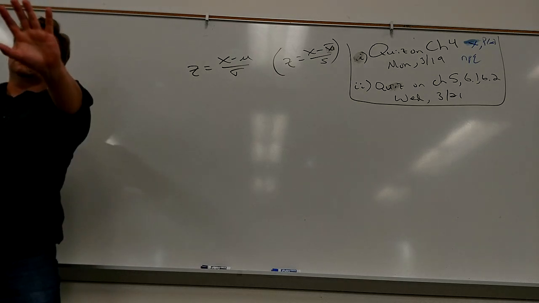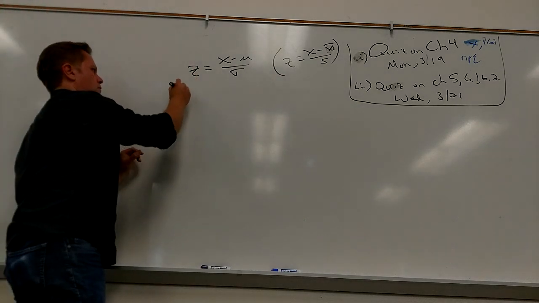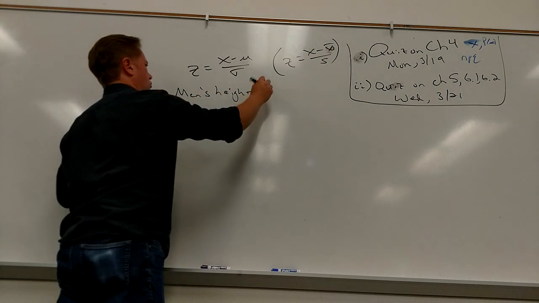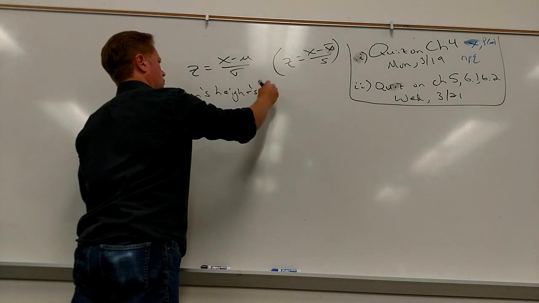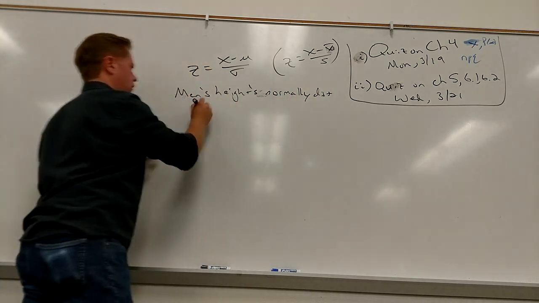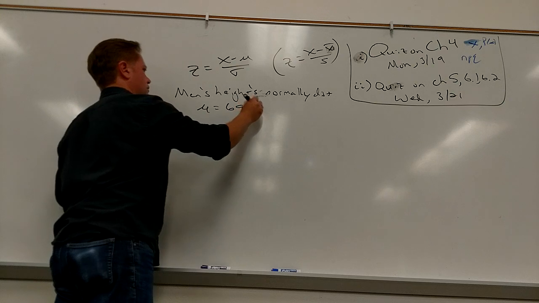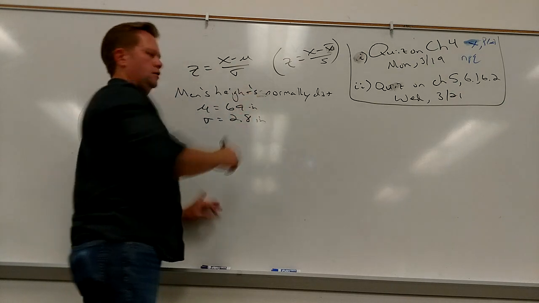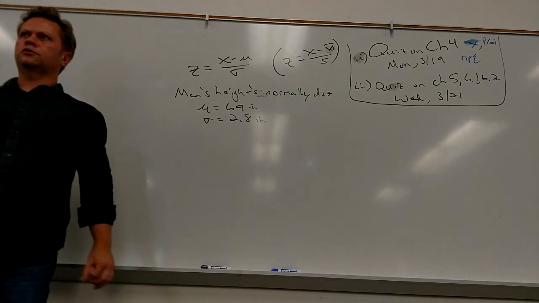So, if I knew that men's heights were normally distributed, with a mean of 69 inches and a standard deviation of 2.8 inches, let's say. Those are close to right.